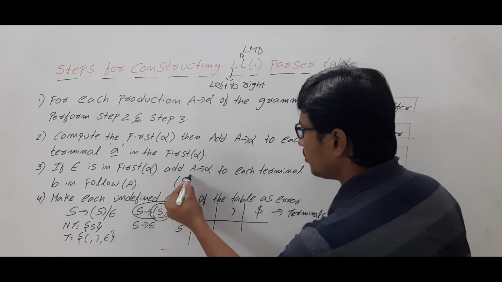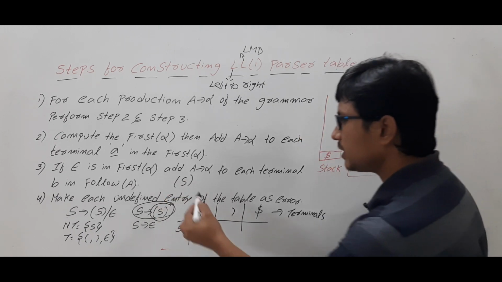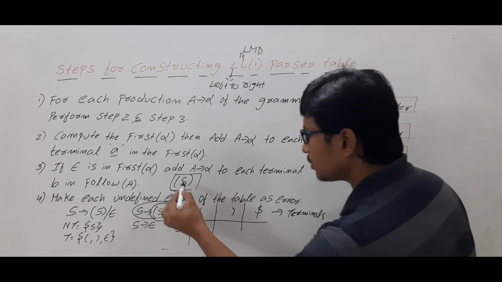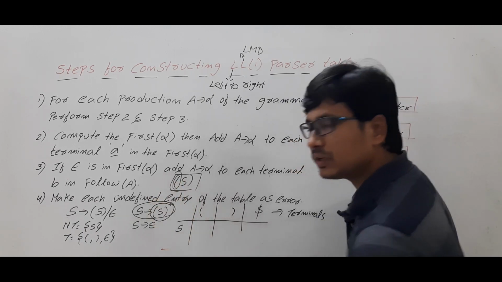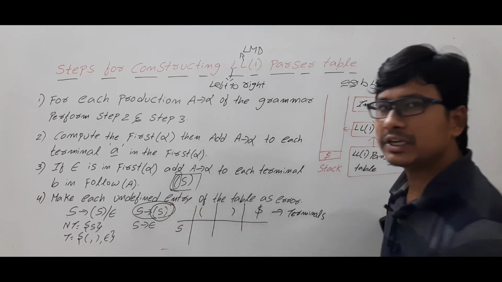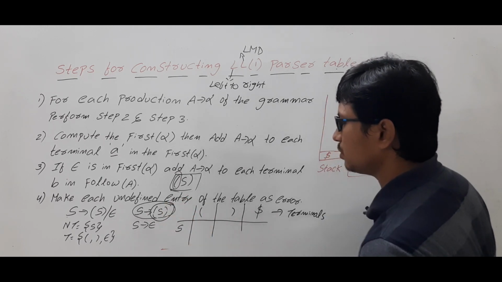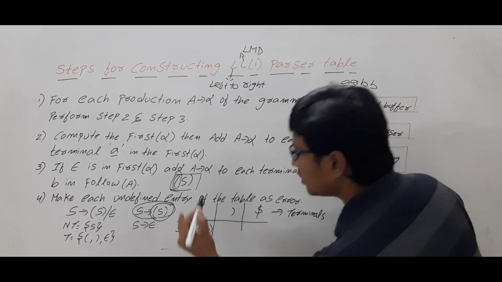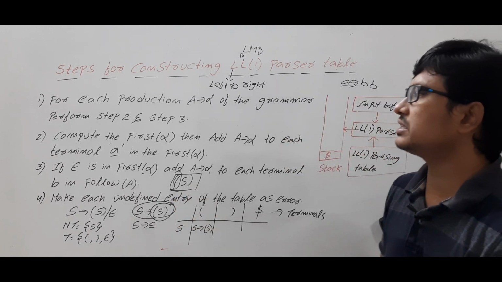Can anyone tell me what the first of this one is? It is starting with this one. Am I right or wrong? So the open braces is the first of this one. So at the open braces, you will keep this production. That is what they are saying.